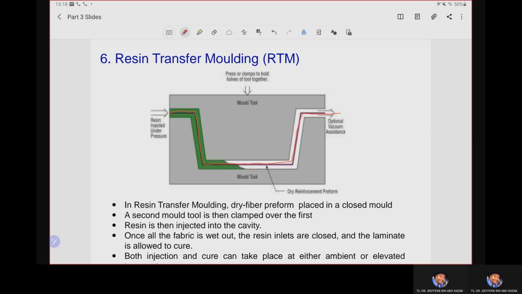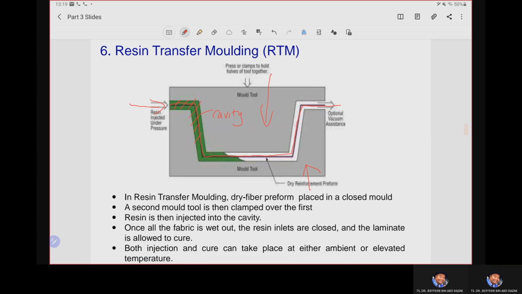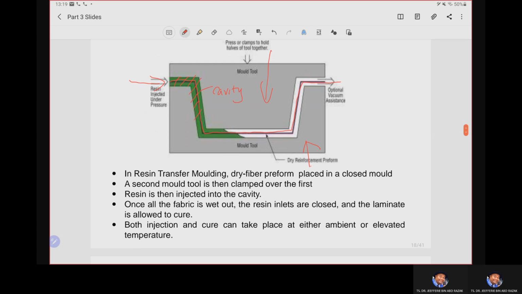We place it in the closed mold, where the upper male mold will clamp the female mold. Resin is then injected into the cavity, this empty space, to wet out the fiber fabric. Then the inlet is closed to allow the laminate to start to cure.